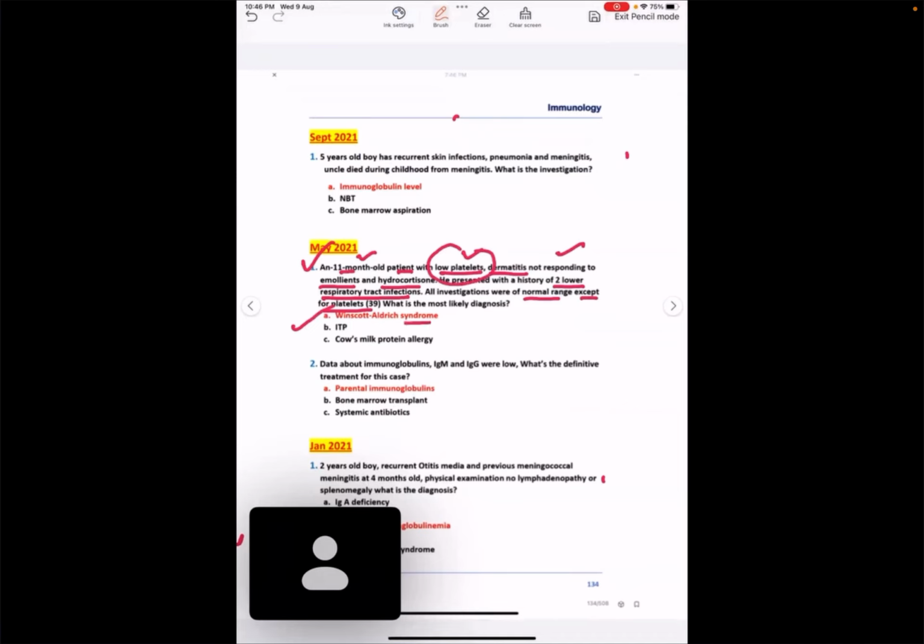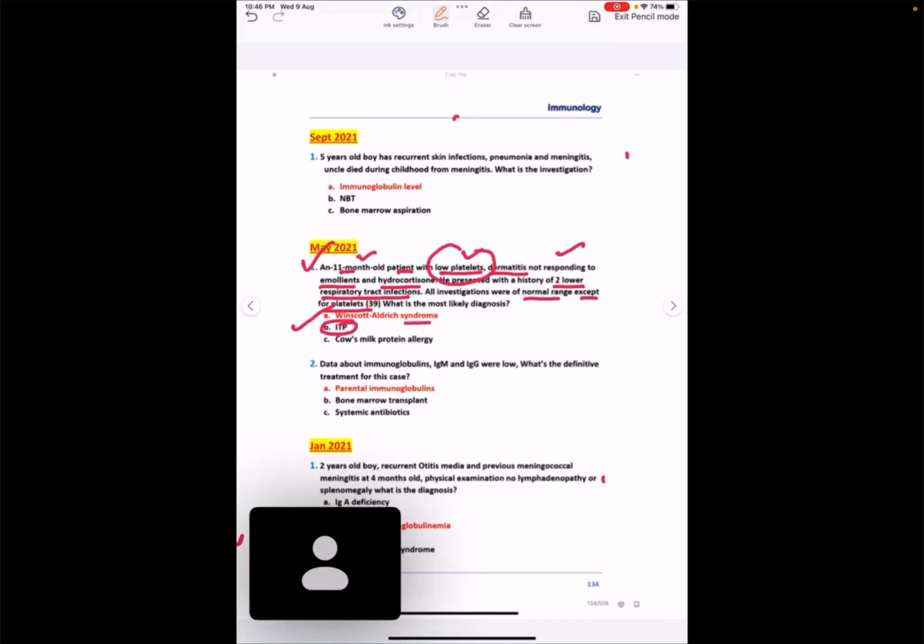Why is this not a case of ITP? We said any normal child where all investigations are normal, but there is decreased platelet count, this is an ITP. So what is the clue here for making a diagnosis of immune deficiency? The first clue for making any diagnosis of immune deficiency is the skin involvement.